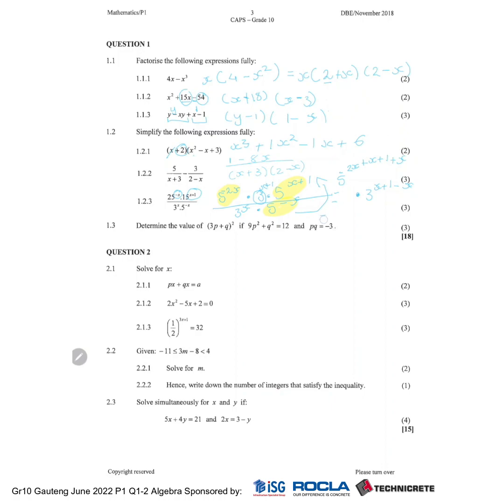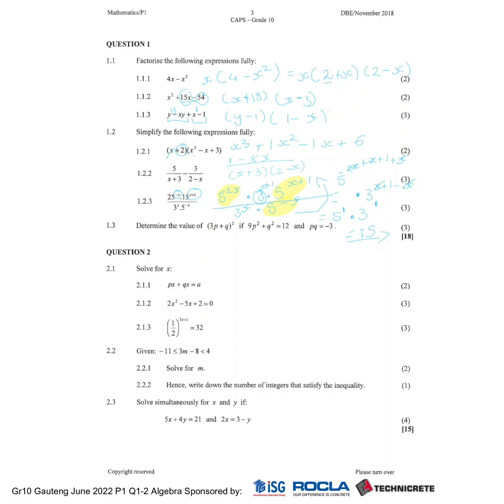And we can simplify it even more by saying 5 minus 2x plus x cancels out. That leaves us with 5 to the power 1. And 3x minus x cancels out to the power 1. Therefore, that equals to 5 times 3, which is 15, which is that answer there.